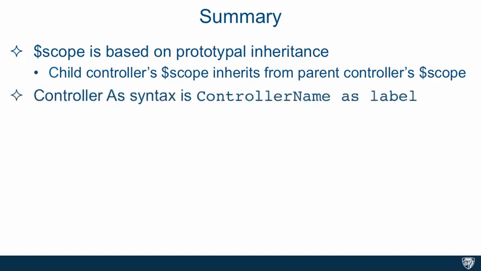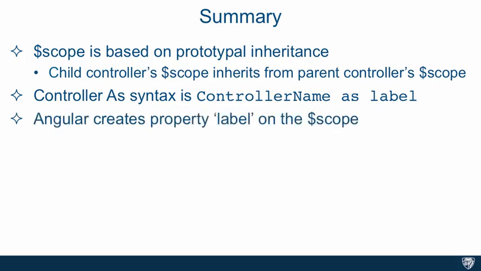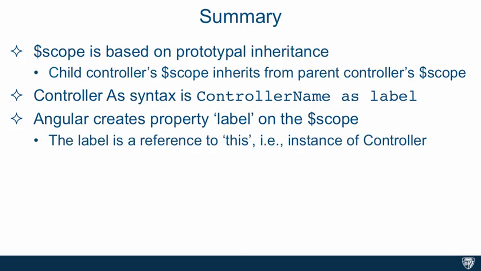Now when it comes to controller as syntax, it's very simple. It's ng-controller equals controller name as, and you give it a specific label. Angular then creates a property with that same label name on the $scope that belongs to that controller. The label name becomes a reference to the this keyword, in other words, the instance of the controller function.